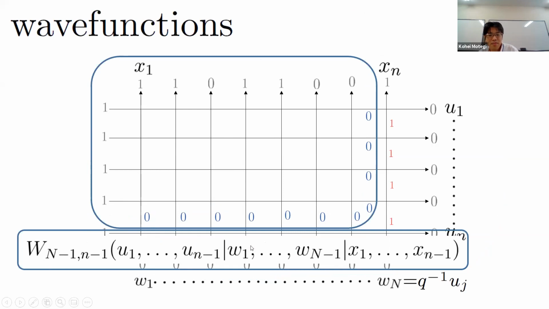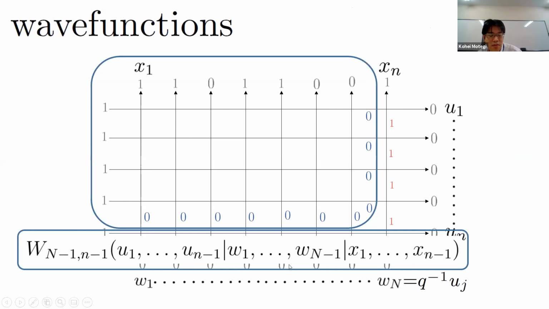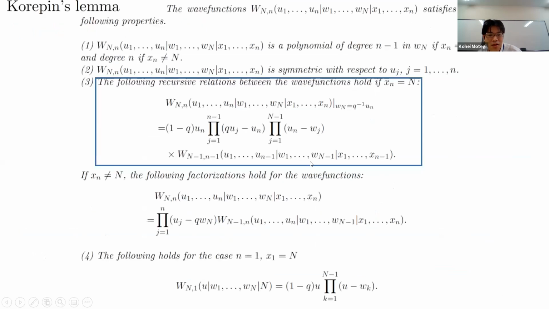Okay. So the evaluation of this partition function at this point is the product of this factor and this smaller partition function. So now we have checked this. Okay.